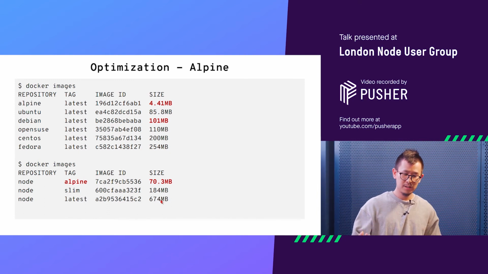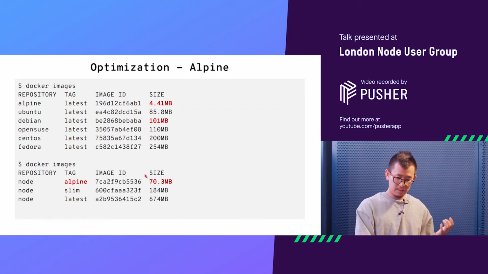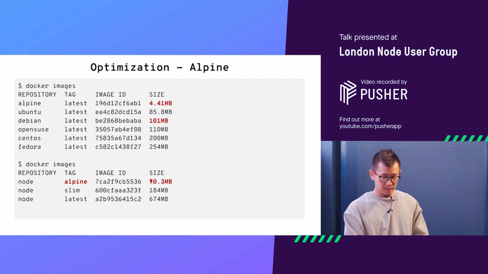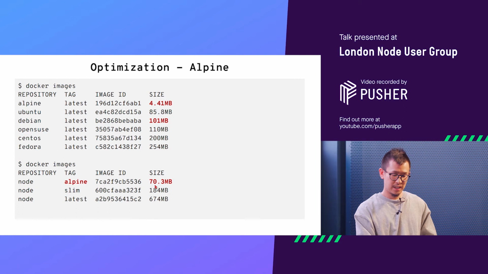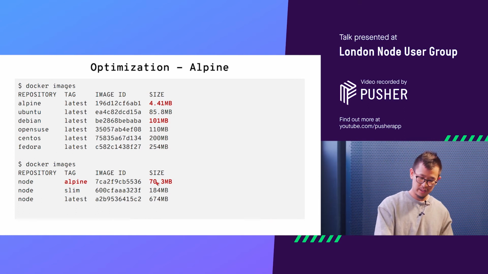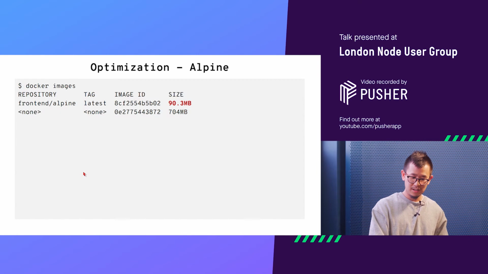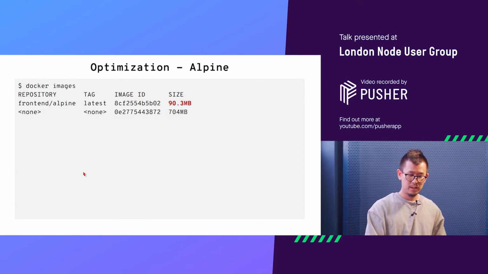So instead of using Debian, which itself is 101 megabytes, we can use a lighter version of Linux, which is 4.41, and that's Alpine Linux. And that doesn't have all the build tools. It doesn't even have Bash, but it's much lighter, so 770 instead of 674. So all we have to do is basically specify a different tag to the node image. And that will reduce the size from what we had originally, which is 700 and something, to 90.3.